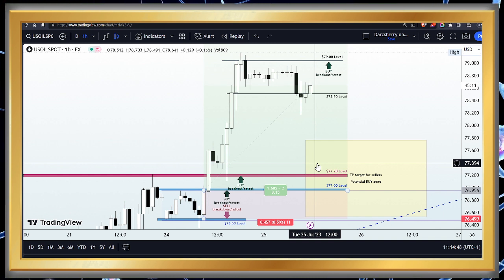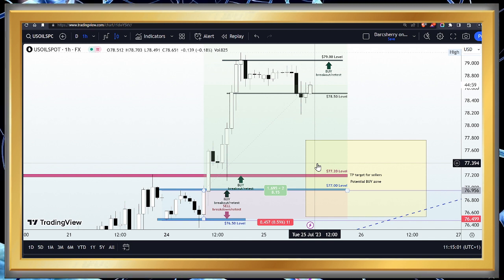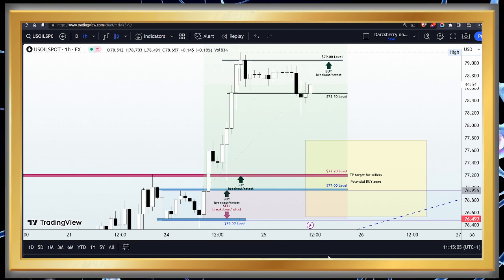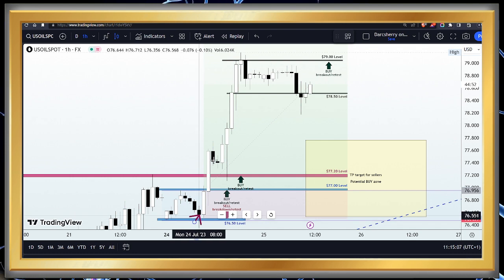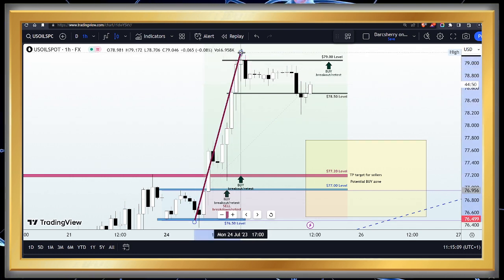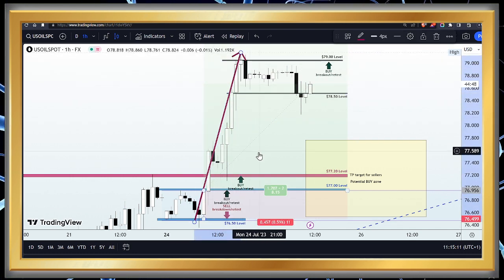So with a well secured position at this point in time, what is going to be our next line of action for today's trading session? Now, looking at the current structure we have here, it's quite obvious that the week has started on a very strong bullish note, as we have witnessed this strong impulsive move into that $79 level.